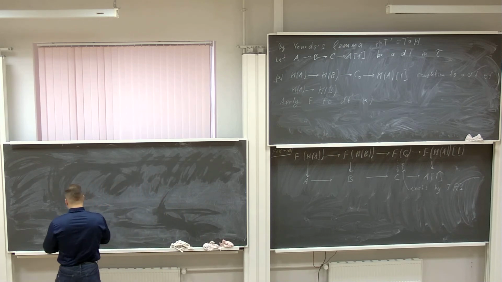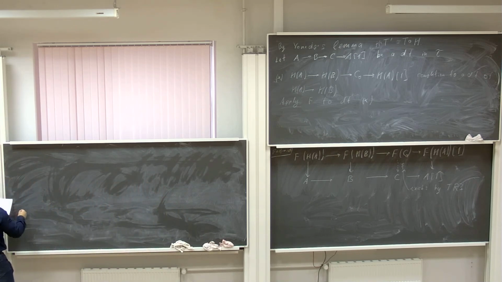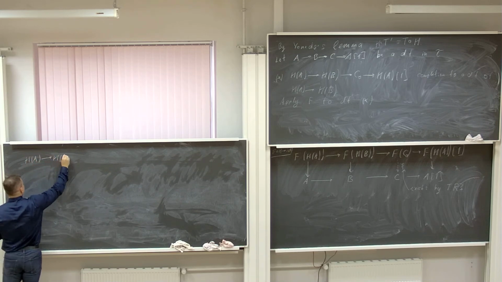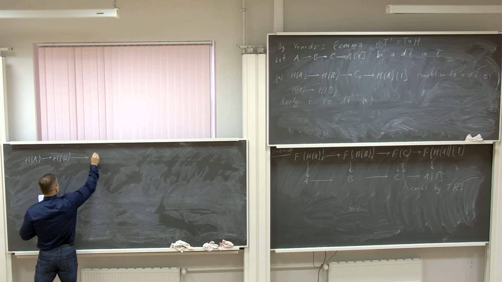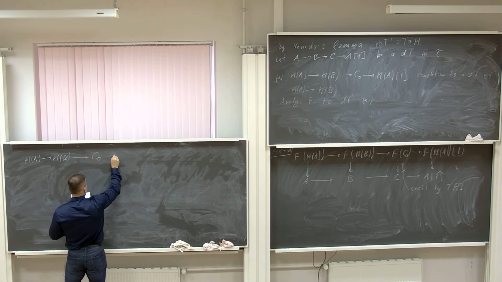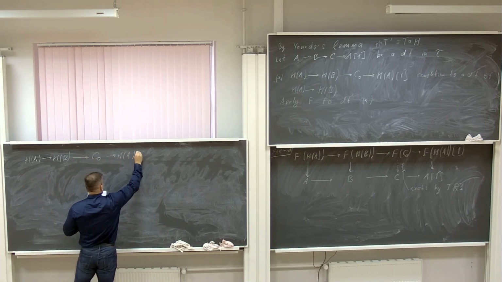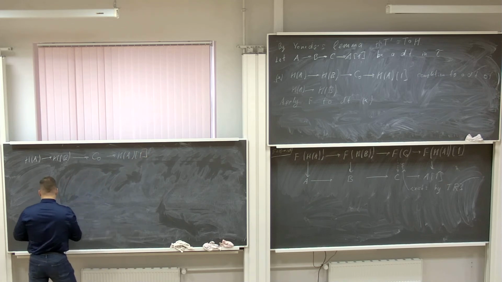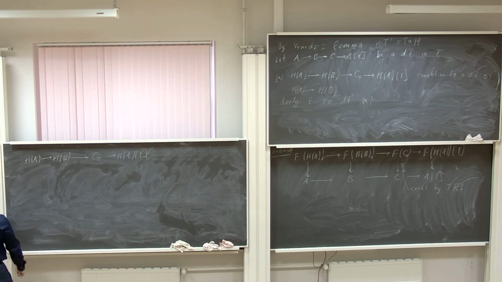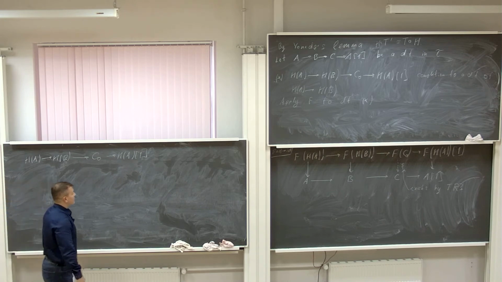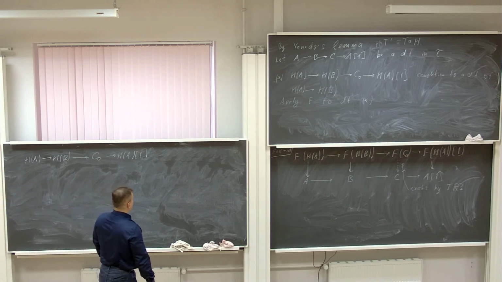Okay, so in the next diagram, I start with the distinguished triangle with h of A mapped to the h of B. Then there is a map to the C0. Now I want to use another map of functors.